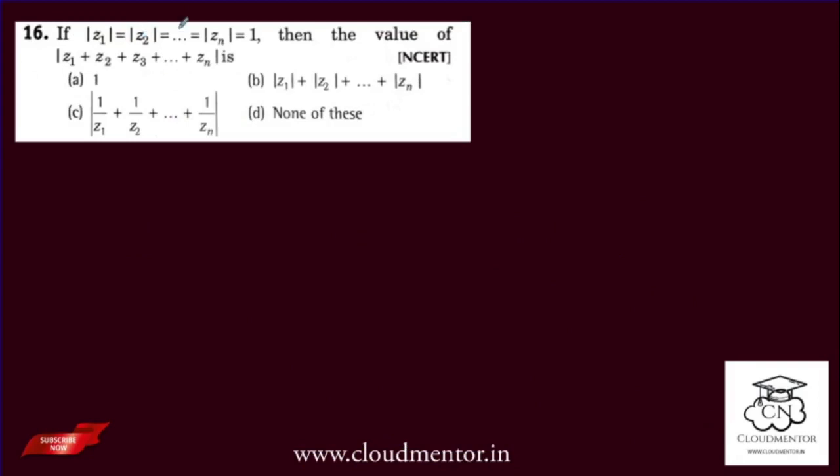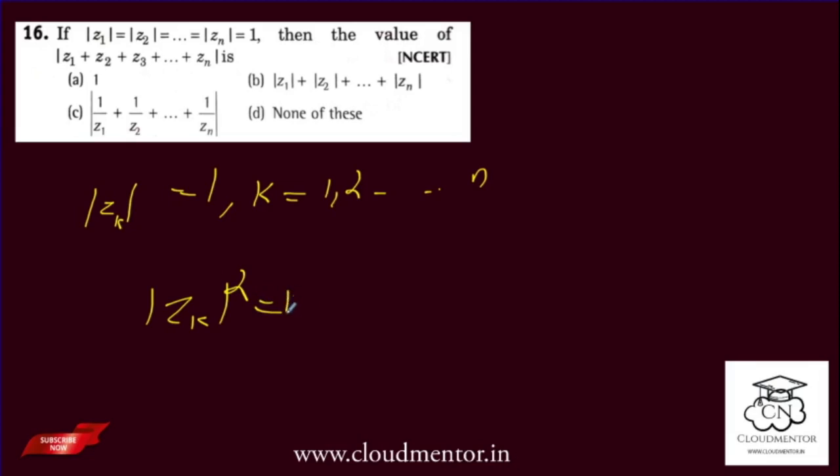If modulus of z1 is equal to modulus of z2 is equal to etc up to modulus of zn, that is equal to 1, then the value of modulus of z1 plus z2 plus z3 etc up to zn is dash. Wow. So we have modulus of zk is equal to 1, where k can be 1, 2, etc up to n. Okay, so modulus of zk the whole square I can write as 1.